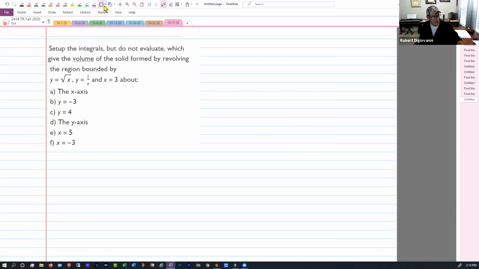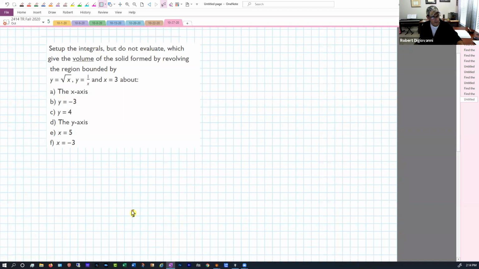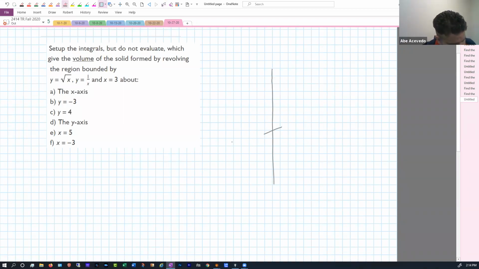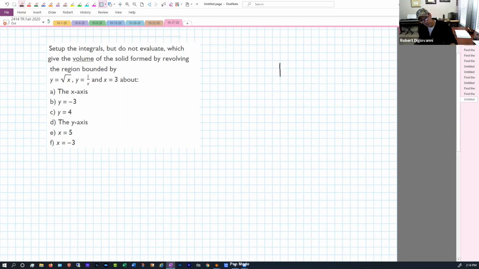So the curves we have here are y equals the square root of x, which looks like this.